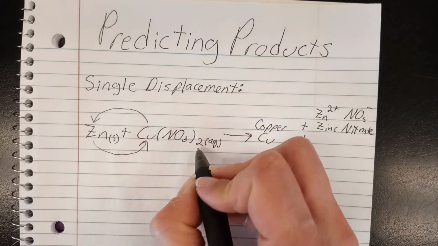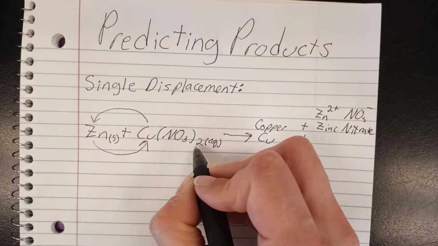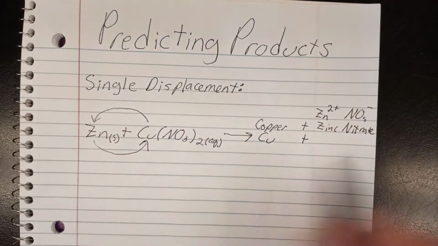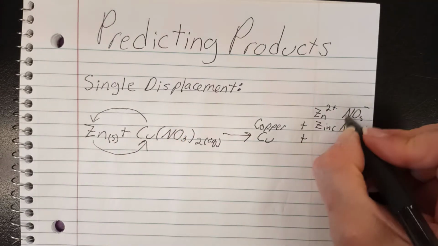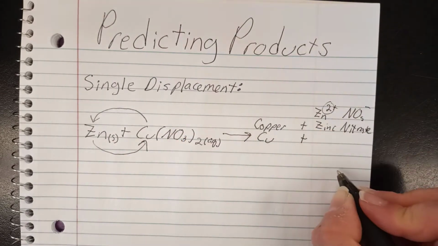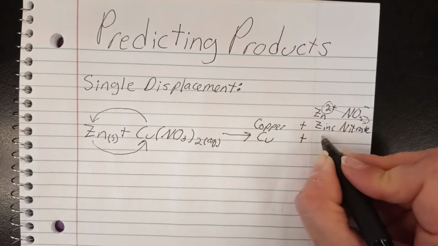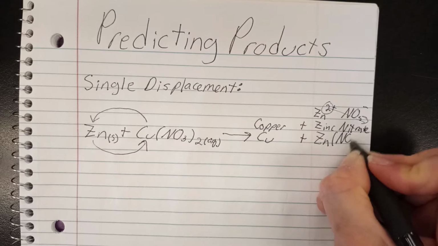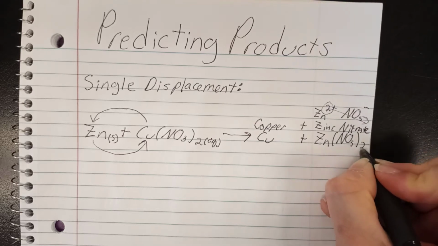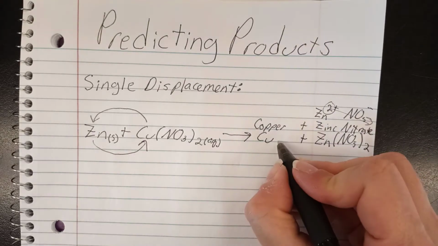Like we saw in our precipitate lab, this 2 right here has to do with the copper and didn't necessarily get carried along with it when the zinc came in. Now it happens to here because I still have a 2 in the zinc, and it's going to end up out there. So I am going to have Zn(NO3)2, like that.